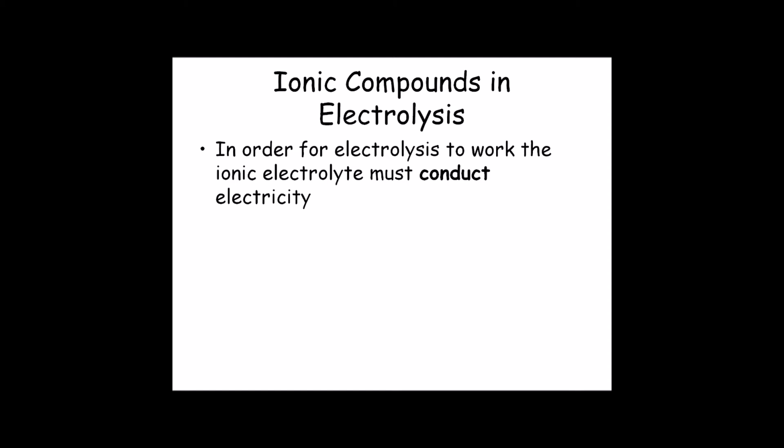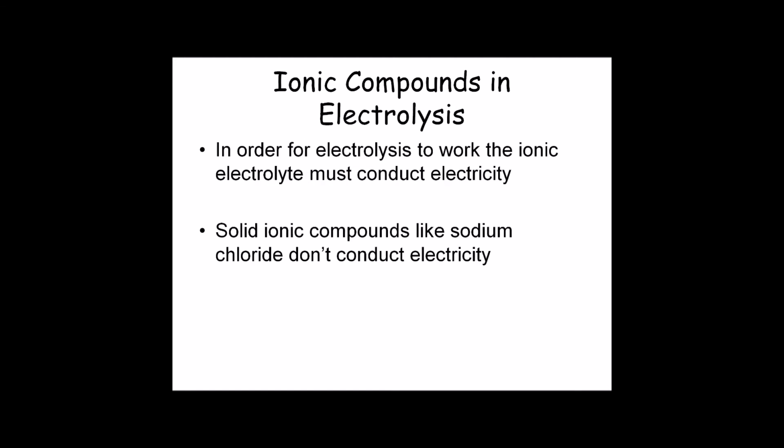Now, we've said this is going to be working with ionic compounds. Now, solid ionic compounds like table salt, which is also known as sodium chloride, chemical formula NaCl, they don't normally conduct electricity, and you should have done experiments about this in school. So a solid ionic compound doesn't conduct electricity. There's no way for it to conduct electricity, so it's an insulator.